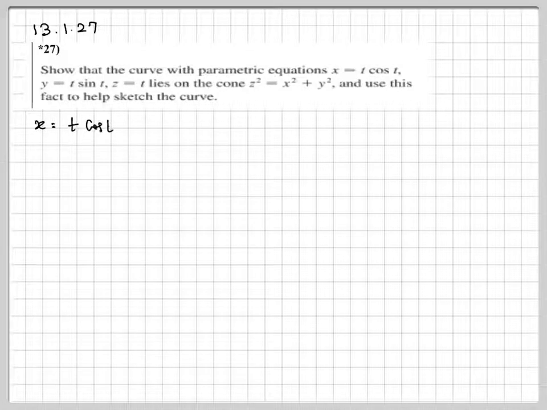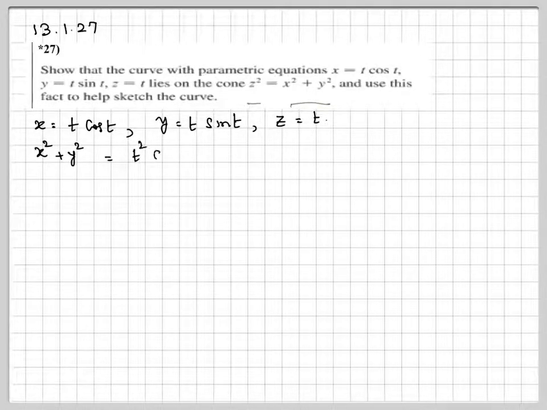So let's take x equal to t cosine t, y equal to t sine t, and z equal to t as given in the problem, and then we will try to show that x squared plus y squared equals z squared. So z is t. Now we are going to find out what x squared plus y squared is.